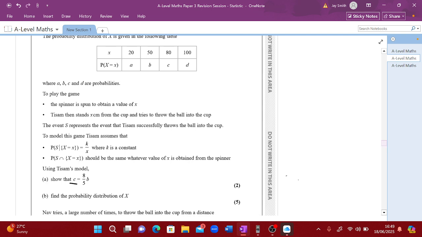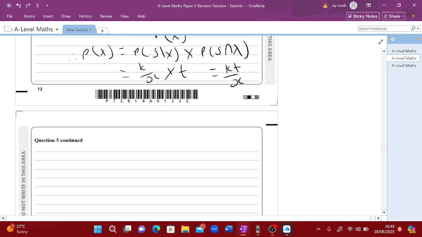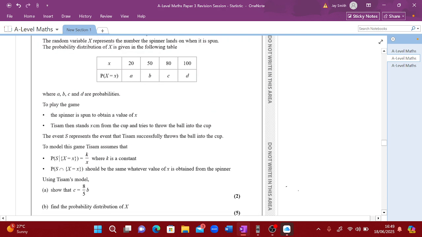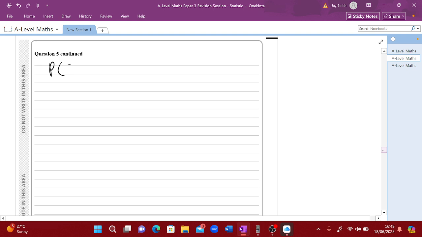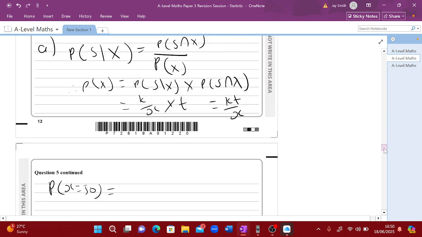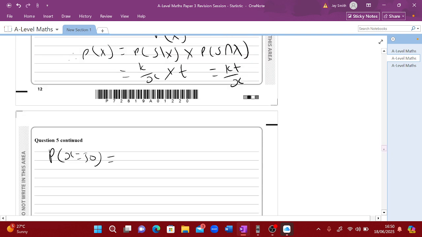In particular, we need to consider C and B. So let's work with the table and consider P of B. How are we going to get the probability of B? Well, we choose X as 50, and when we choose X as 80, we're going to get the probability of C. So when X is 50, using this formula here, that's KT over 50.